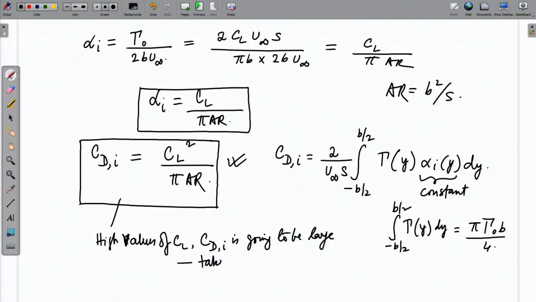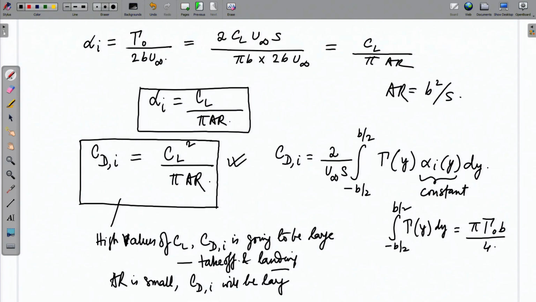During takeoff and landing, we have discussed that the aircraft deploys high lift devices, the lift is large, and therefore, obviously, the induced drag will be large. Again, if the aspect ratio is small, the C d I again will be large. So, these are lessons that we have to keep in mind.